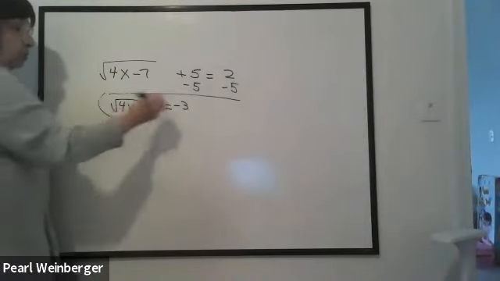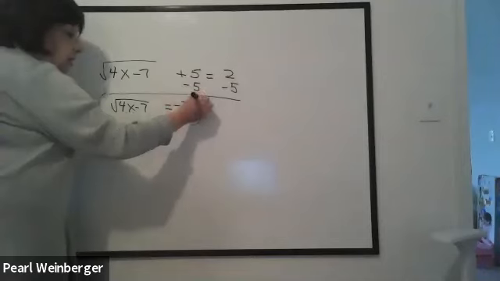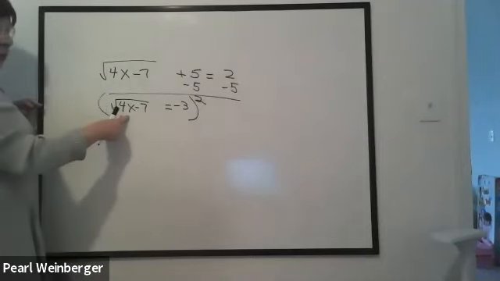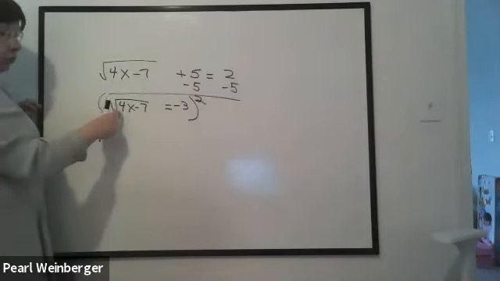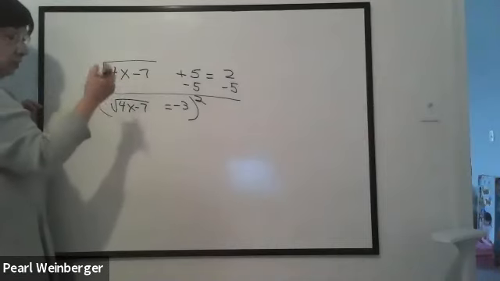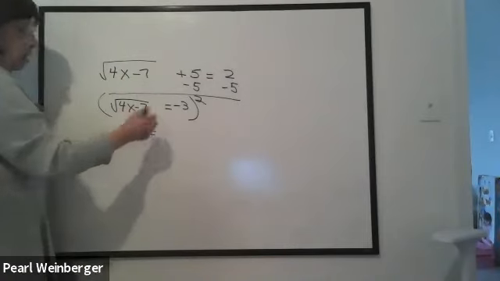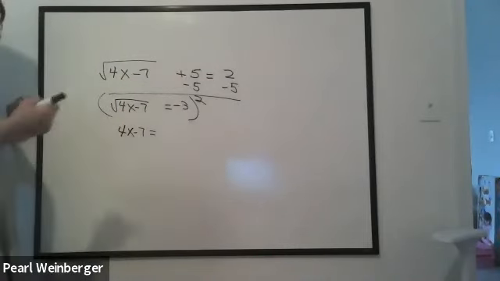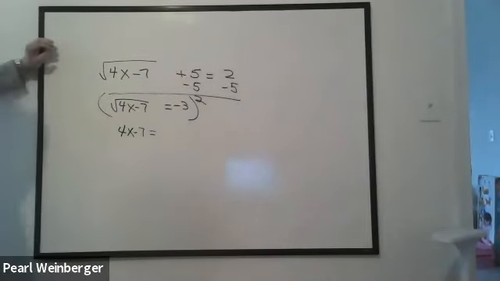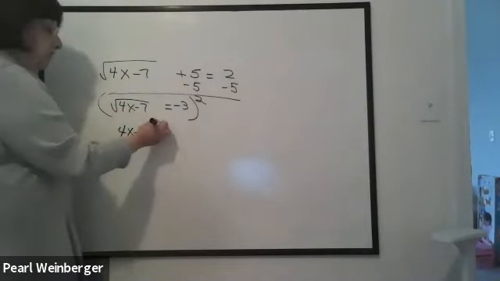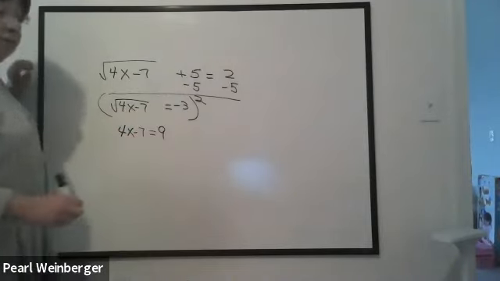And if I follow the rules that I gave you before, since I want to get rid of my radical, square both sides. Now, when we square out the side that has a radical, the square root of 4x minus 7 squared just gives me 4x minus 7. The -3 is not in a square root, so when I square it, -3 times -3 gives me 9.